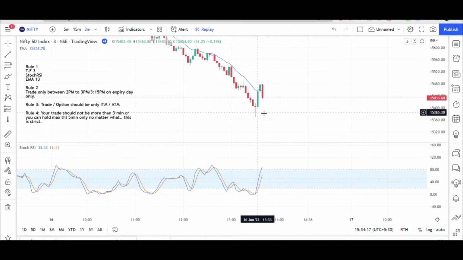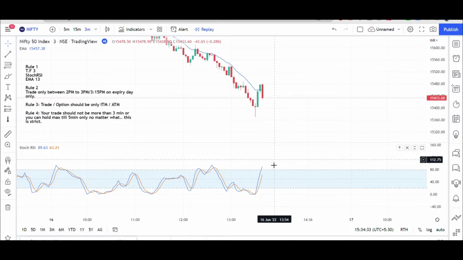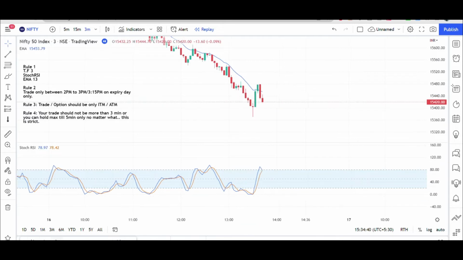I just explained this here to give you an understanding of entry and exit on stochastic RSI. So now you are observing, whether you want to take entry before 2 p.m. or after 2 p.m. You are observing that stochastic RSI is now going into the overbought zone, so you are getting ready with some in the money put option.